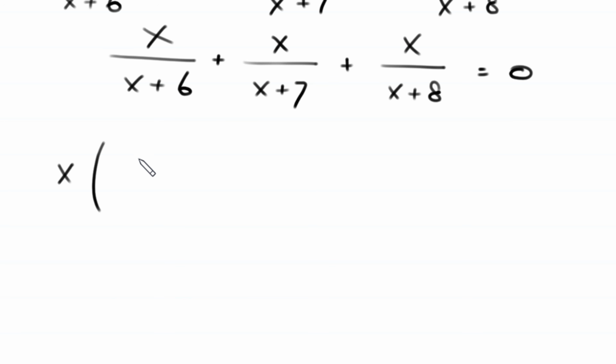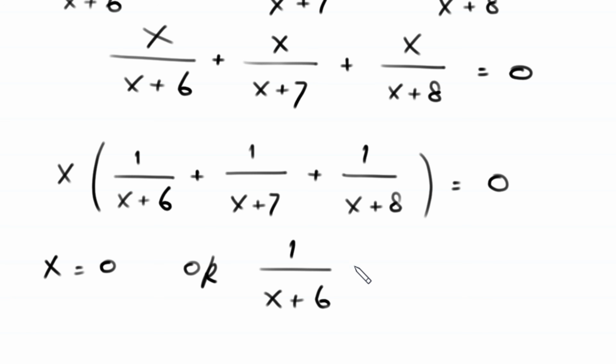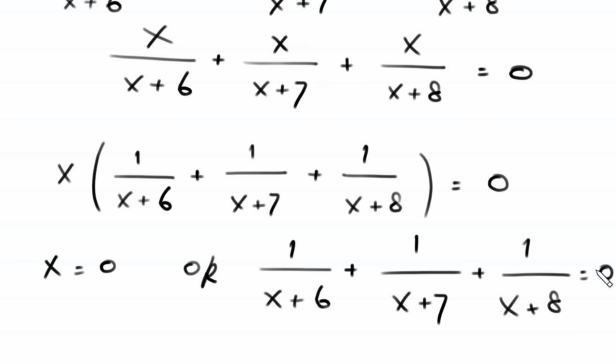In bracket left: 1 over x plus 6 plus 1 over x plus 7 plus 1 over x plus 8 equal to 0. Either this expression x is equal to 0, or this expression 1 over x plus 6 plus 1 over x plus 7 plus 1 over x plus 8 equal to 0.